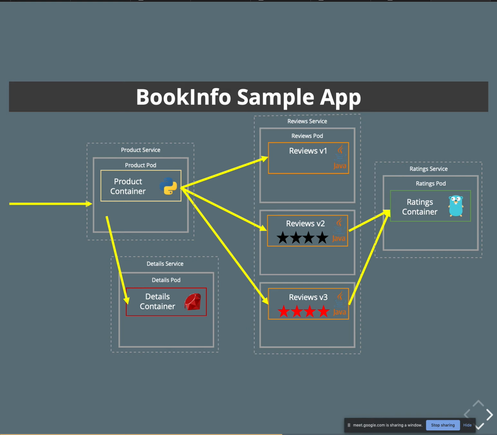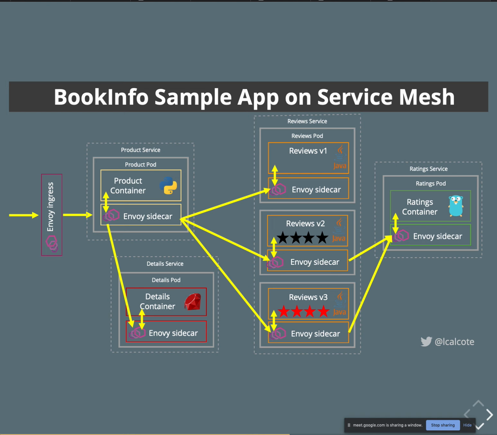But just like these other sample apps, Meshery would also facilitate putting that complex social network app onto any of the meshes, which generally has the effect of sidecarring each of the application containers with a network proxy. In Istio's case, it's an Envoy as a sidecar.